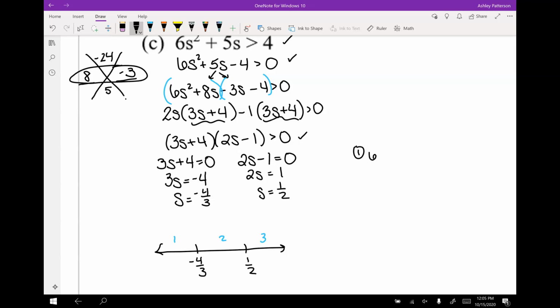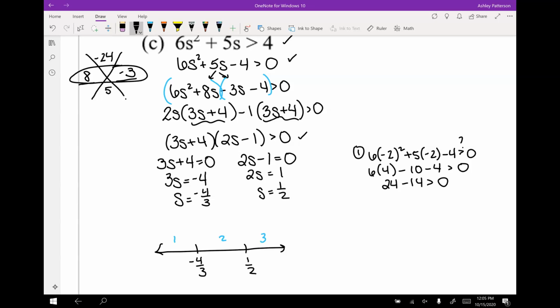Okay, so 6 times negative 2, quantity squared, plus 5 times negative 2 minus 4. Is that greater than 0? Well, 6 times 4 minus 10 minus 4. Right now, I can see it's not going to be, because this is 24 minus 14. So I can go ahead and say it's not. Oh, whoops, I thought it was less than. Oh, yep, way to go, Patterson.